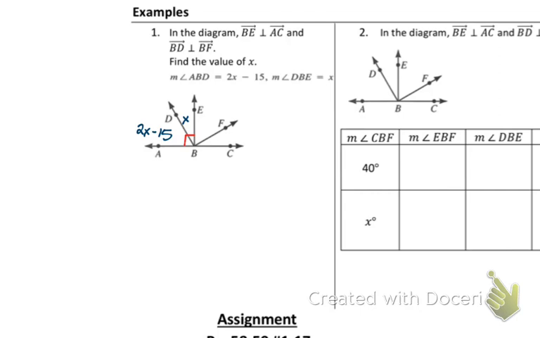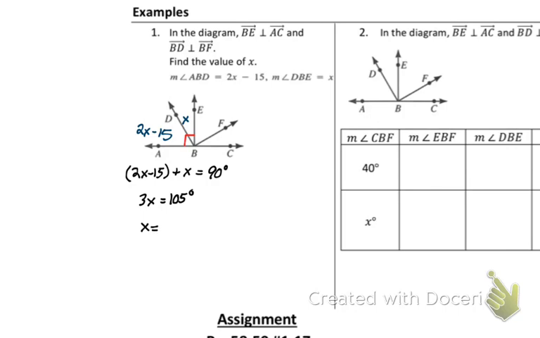So we're just going to do some math. We're going to say, well, 2x minus 15 plus x must equal 90 degrees. Doing some math, we have 3x equals 105. Divide both sides by 3.